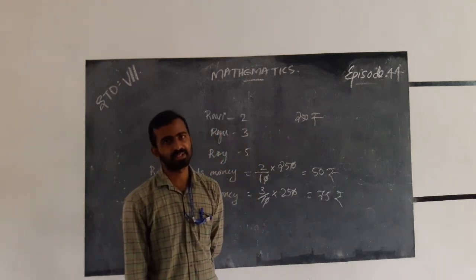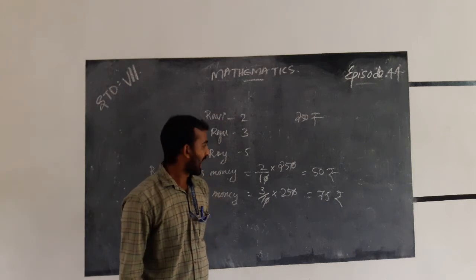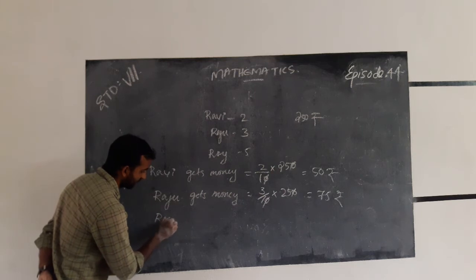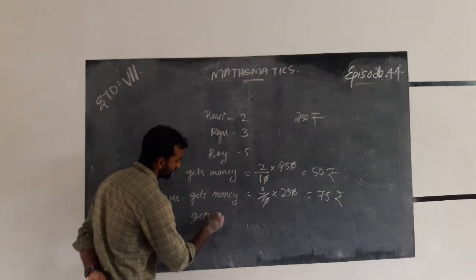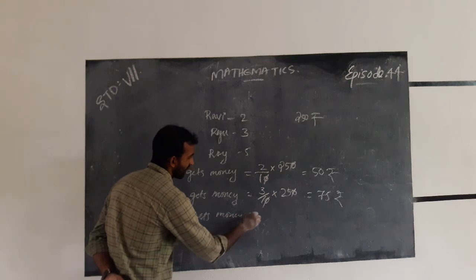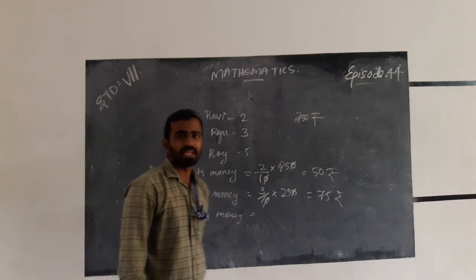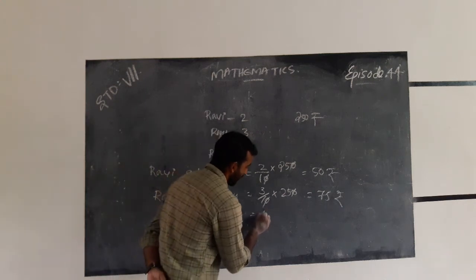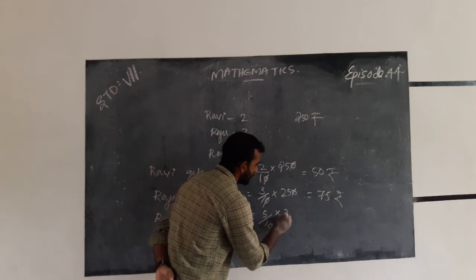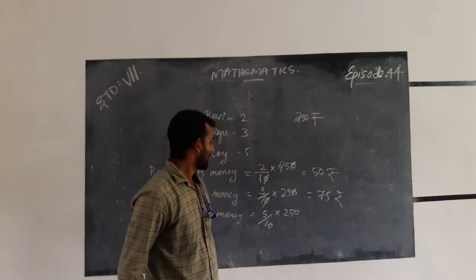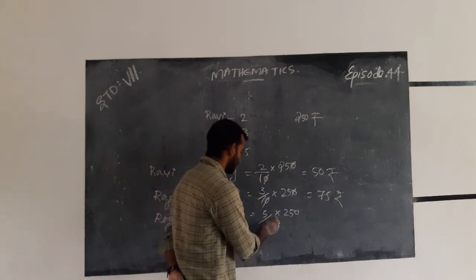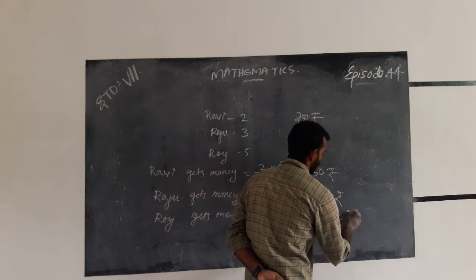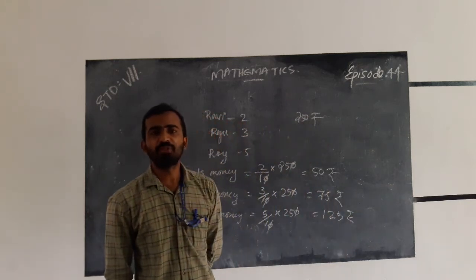And next Roy gets money, that is 5 by 10 into 250, that is 125 rupees.